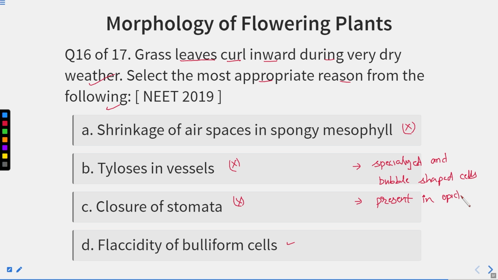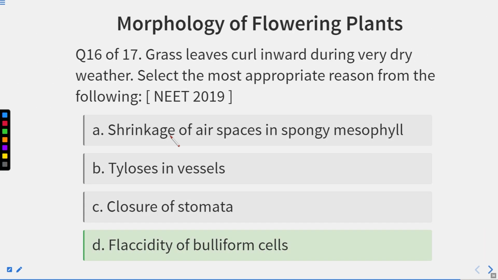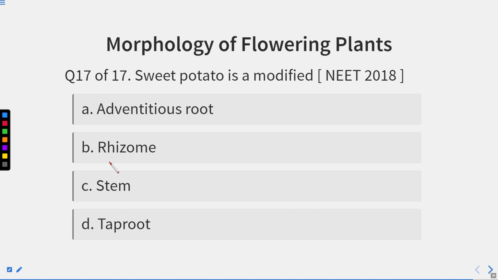Grasses are monocots. So, loss of water causes flaccidity in the bulliform cells, which leads to the curling of the leaves in the monocot. So, option D is the correct answer.